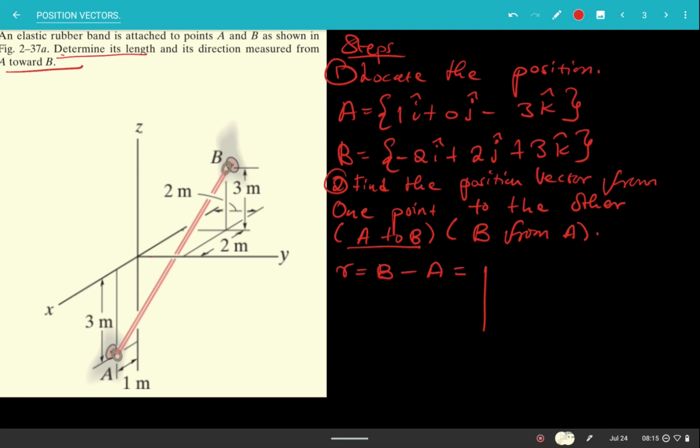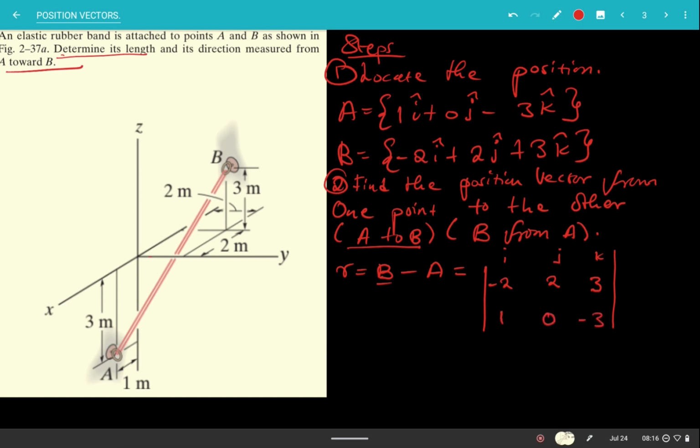So I'm going to write my i, j, and k. Then I'll write the positions in B first, which are minus 2, positive 2, and 3. Then I'll write the positions that I have in A, which is 1, 0, and minus 3.